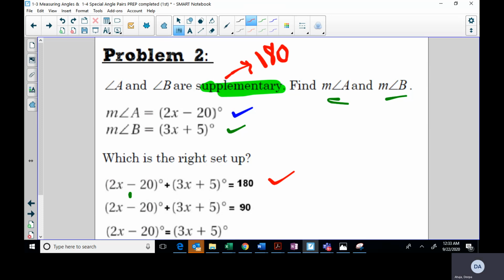So what about the next setup? The two angles are added, angle A and B, and we are saying that equals 90 degrees. No, that's not the correct setup. Why not? Because supplementary means equal to 180. And in neither the case of complementary nor supplementary are both the angles equal to each other. So that's again a cross out option.